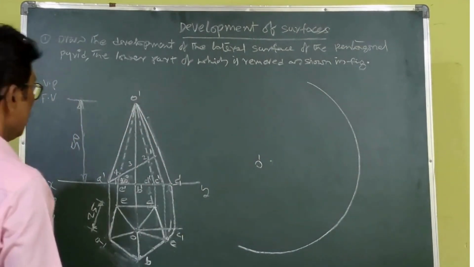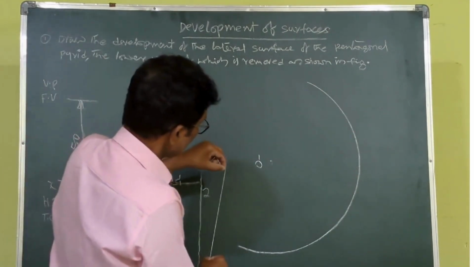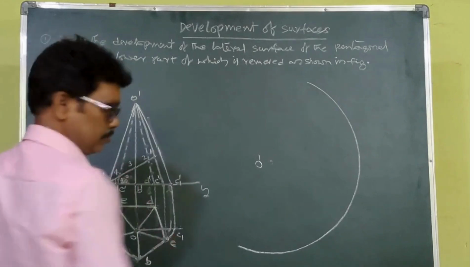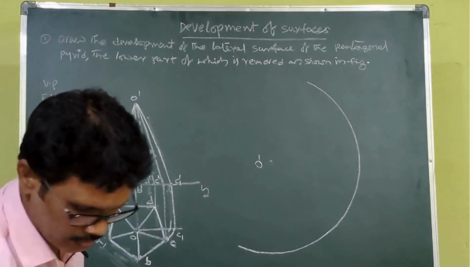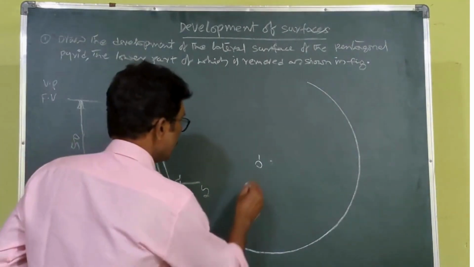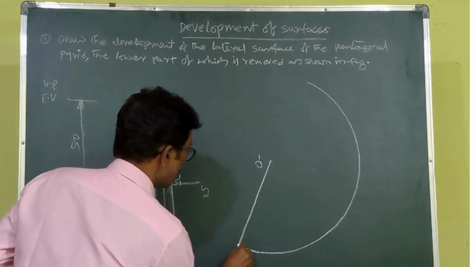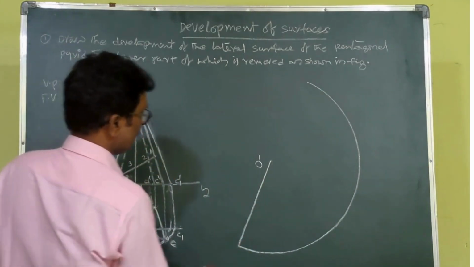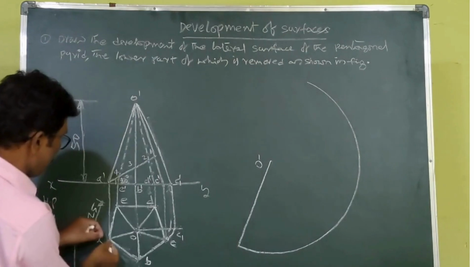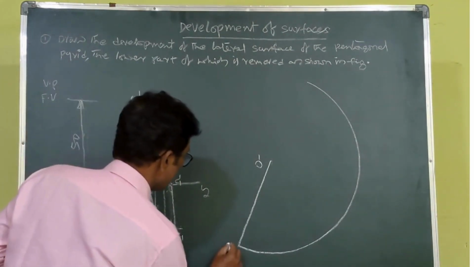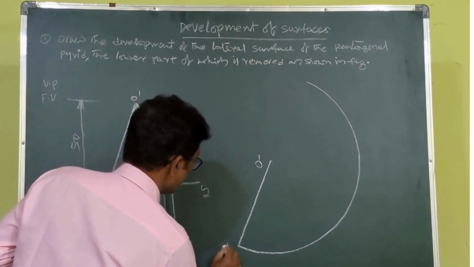Once you draw the arc, you join the line. Last line, let us say I would like to open this at A. So this is called A.